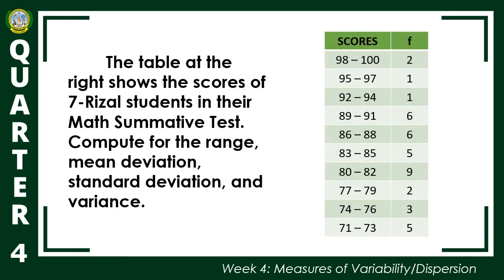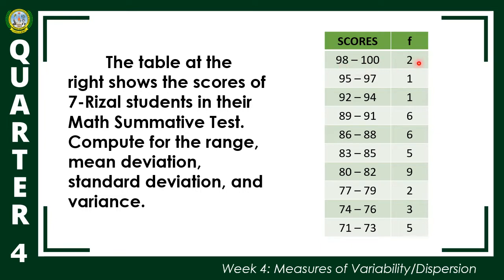Okay, so let us try to solve for the range, mean deviation, standard deviation, and variance of the given table at the right. So this table shows the scores of Grade 7 students in their math summative test. So kung mapapansin nyo, siya ay up to 100, and then ito po yung mga frequencies ng bawat class intervals natin.